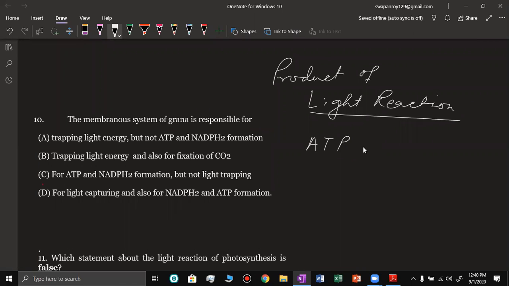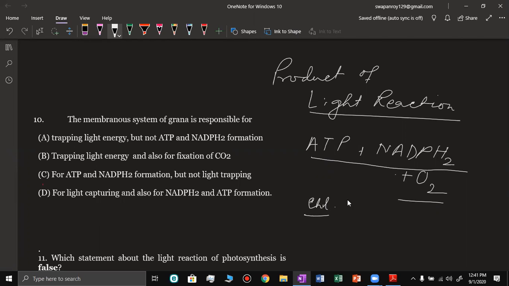ATP, NADPH2, and it is oxygen. So these three are produced in the light reaction, and here the photosynthetic pigments, different chlorophyll and associated pigments, are there which capture the light energy.